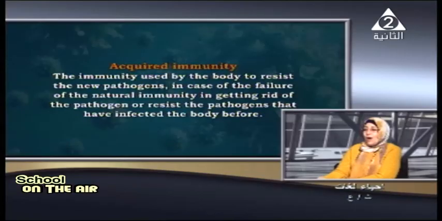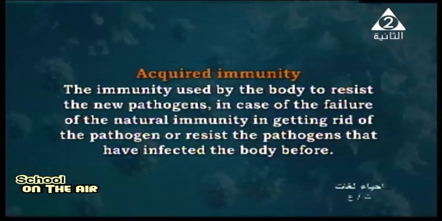What is acquired immunity? Acquired immunity is the immunity used by the body to resist a new pathogen in case of the failure of the natural immunity in getting rid of the pathogen, or to resist pathogens that have infected the body before.